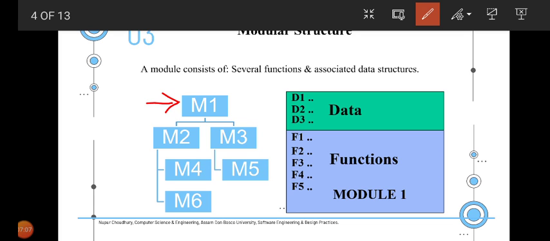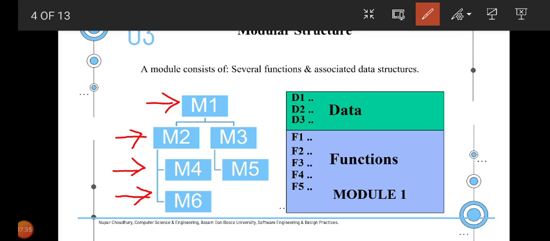Now if all of them are written inside M1, it will be difficult for us to understand which functionality or which feature belongs to which particular requirement. So it is actually easy, and it is good that we break them down into various modules so that every module can be identified and worked upon carefully.